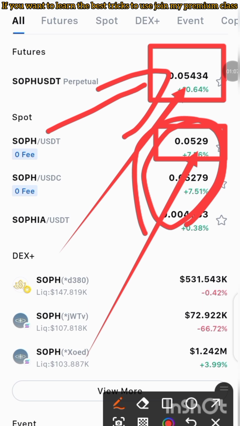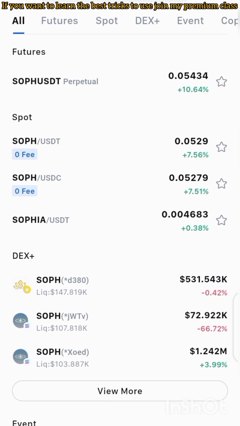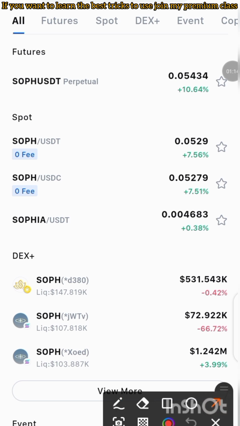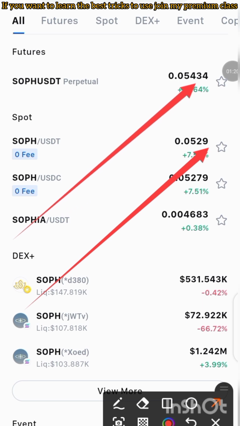So you can now see that, just like over here, what I would do if I want to trade now is, since this one is at this particular price, this one will eventually go back to this price here. Yes, that is a must, because the spot is the one that moves first before the perpetual comes after it.